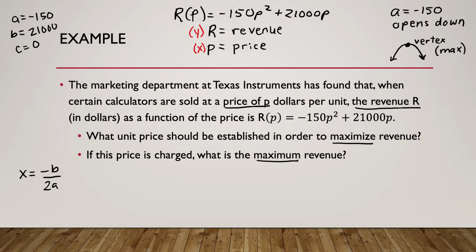We don't really need the C anyway. Okay, so let's plug in. So where I have a B in my formula, I am going to put 21,000. And where I have an A, I'm going to put negative 150.